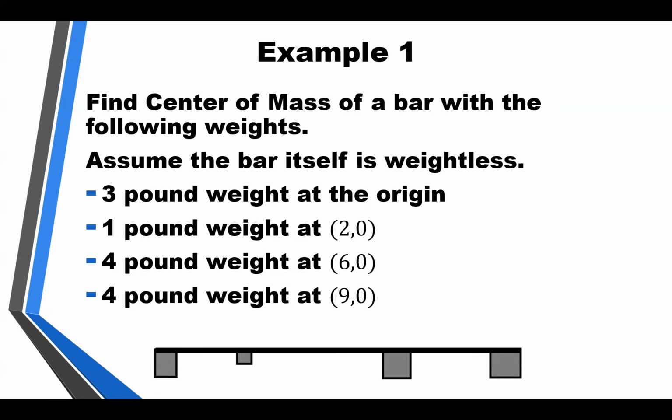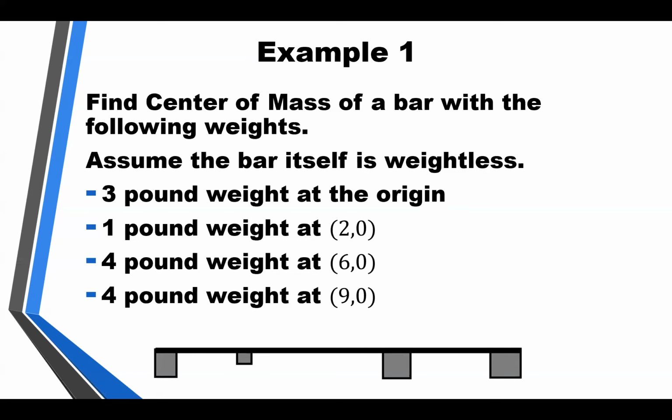Let's do an example. Let's assume we have a weightless bar, maybe just a string or something, and it has 4 weights on it. There is a 3-pound weight at the origin. Think of this in the XY plane, although all of the weights are going to be on the x-axis.